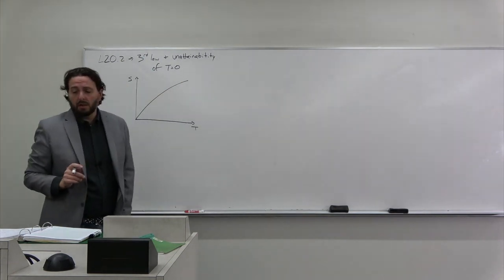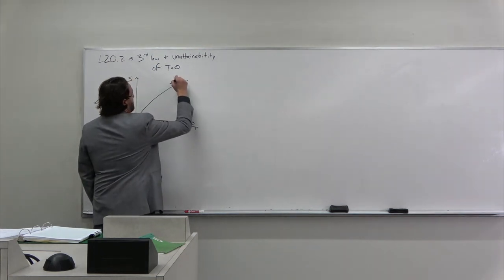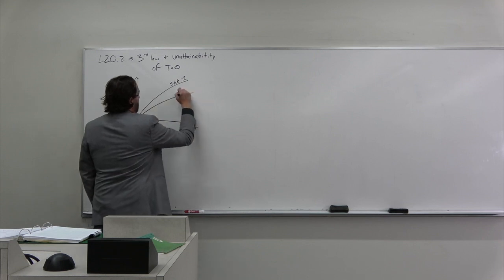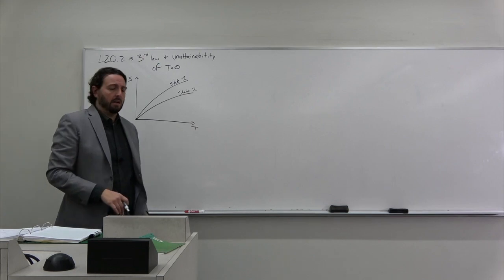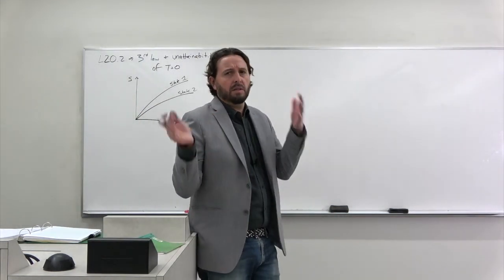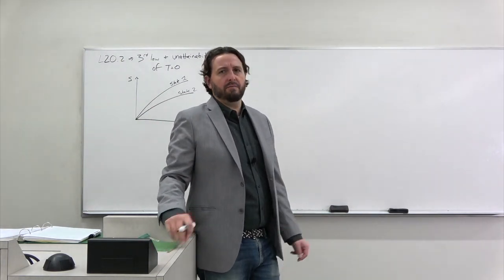So if we have some curve of state 1, we have some other curve, say state 2. Let's say these are liquid and gas, or two different crystal structures, or two different forms of magnetism.